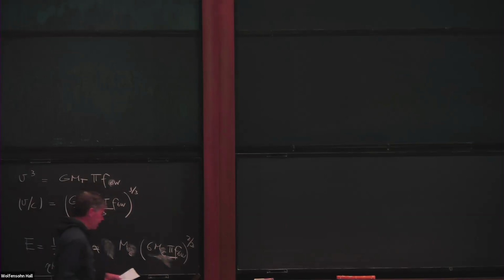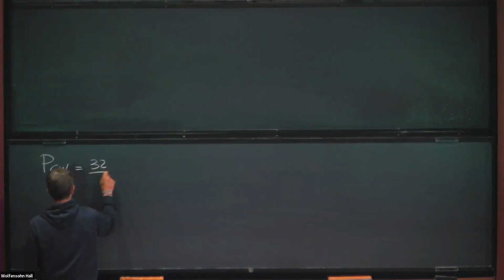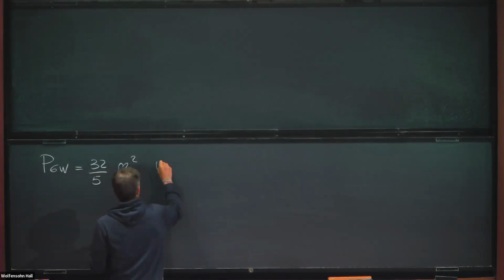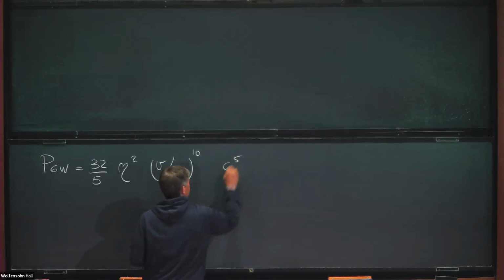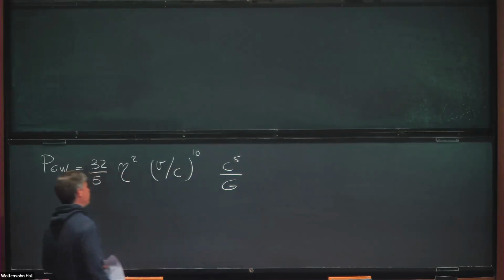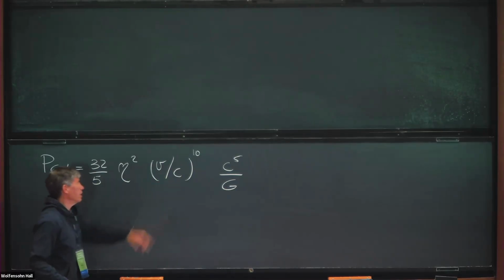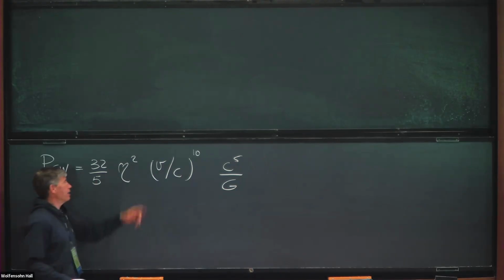And I also said that the power emitted in gravitational waves was, okay, the numbers don't matter too much, proportional to V over C to the power 10, times this nice constant C to the 5th divided by G. And again, you can take this V over C to the 5th and the 1/3, and one of the etas converts this M total into M chirp.